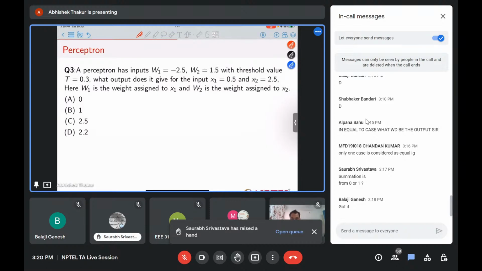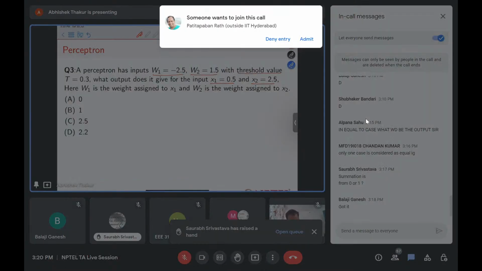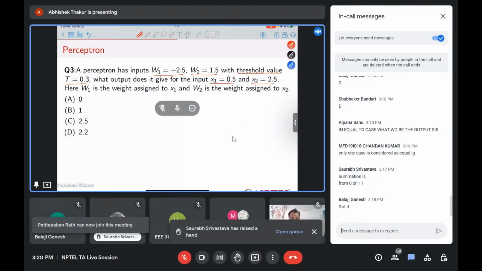Question 3: a perceptron has input weight W1 equal to minus 2.5 and weight 2, that is 1.5, input x1 that is 0.5 and input x2 that is 2.5, and it has a threshold value that is t equal to 0.3.